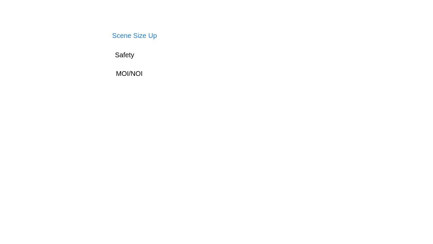Well, I need to look at the general area to see who is around and maybe to see if there's any weapon or any object that may cause harm. That's safety. Focus on the components of the scene size up. So safety, mechanism of injury. What else we need to do in the scene size up?